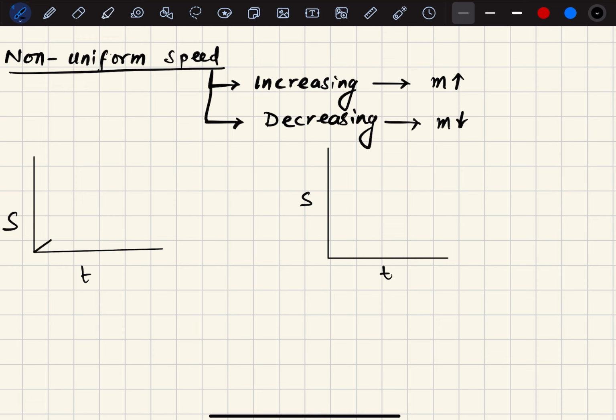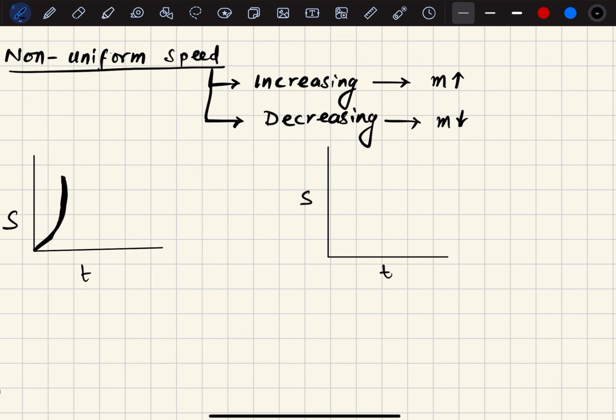This is increasing speed, increasing slope. The line becomes more steep. Slope is decreasing, the line becomes more flat. So this is decreasing speed. End of the story. Very simple. Everything is just the play of coordinate geometry, nothing else.